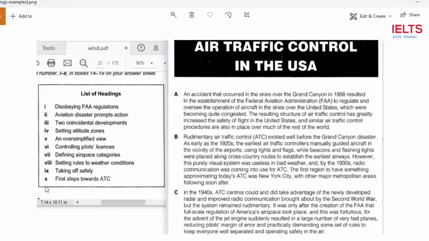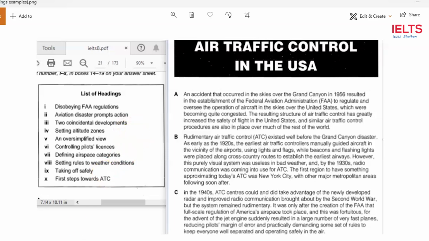Headings mean that we have paragraphs in IELTS, and each paragraph has got a main idea. How to know the main idea, or how to catch the main idea?